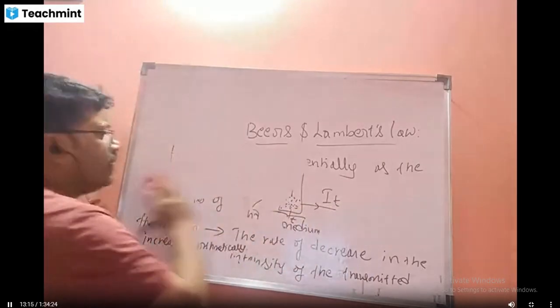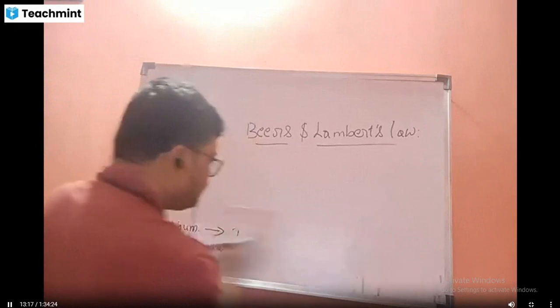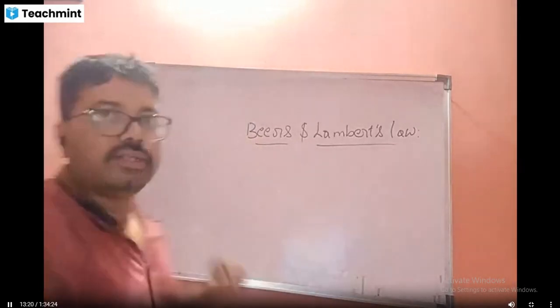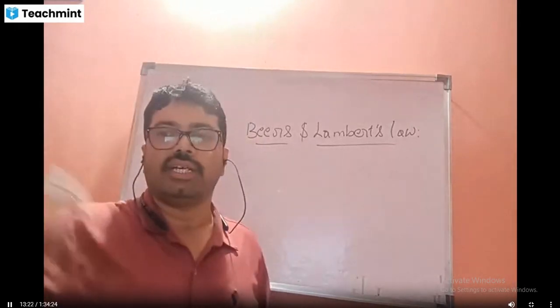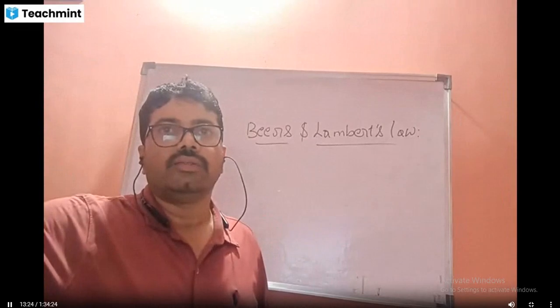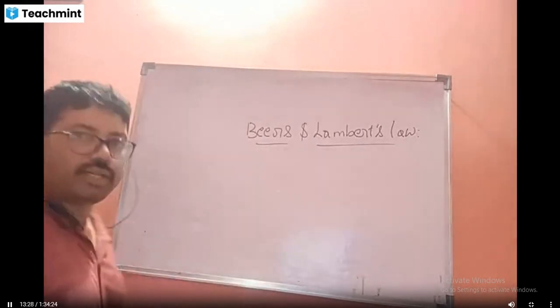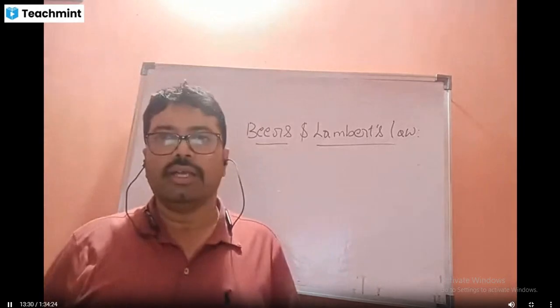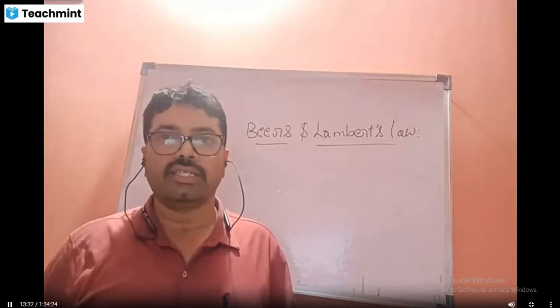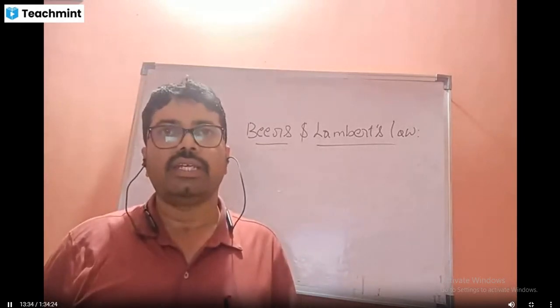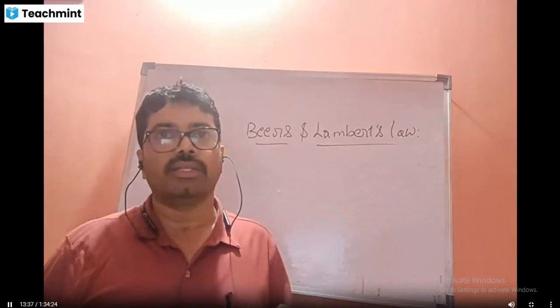So this is accordingly in the mathematical way. Accordingly, Lambert's law can be stated as follows. So Beer's and Lambert's law. This is the total definition: transmitted light decreases exponentially with increasing thickness, that is called Beer's and Lambert's law.